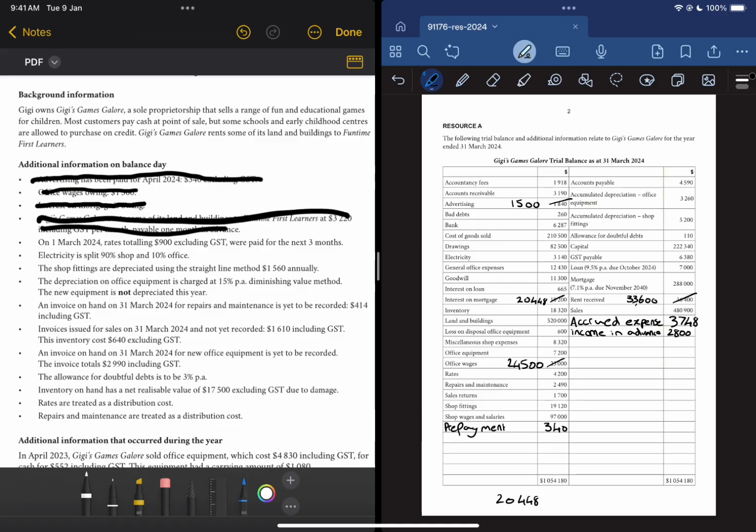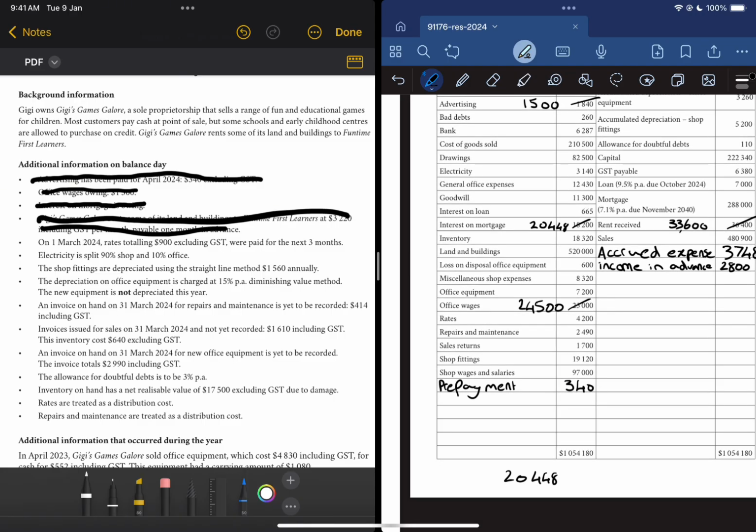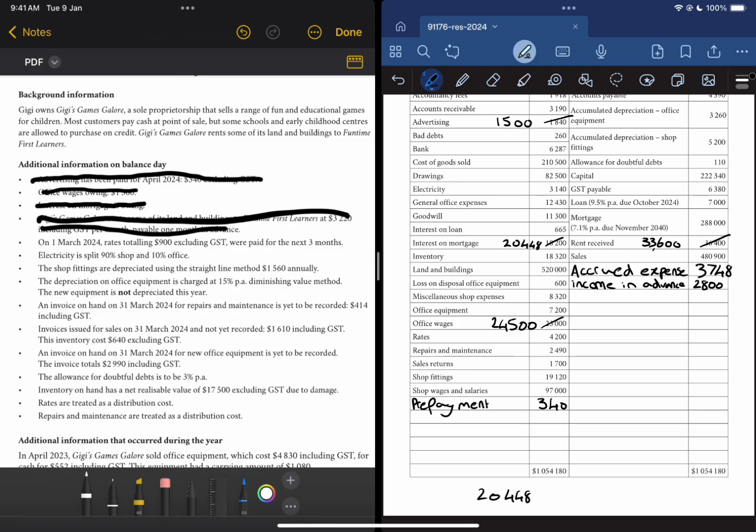So that was a prepayment, okay? So we don't want to look at that, really. That's the general gist of it. So what we're going to do is increase, we're going to debit our prepayments, and we're going to credit our expense, okay?